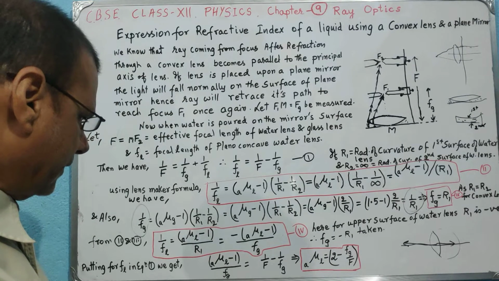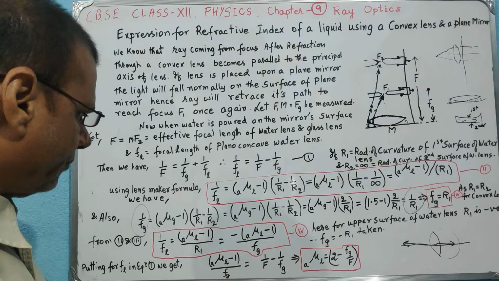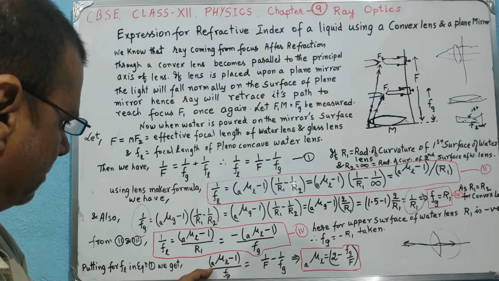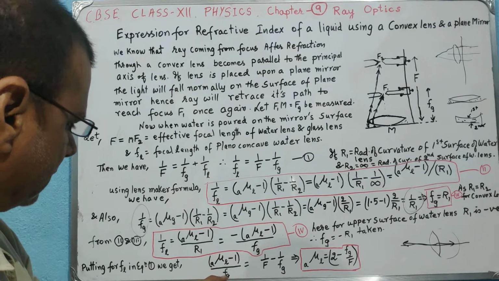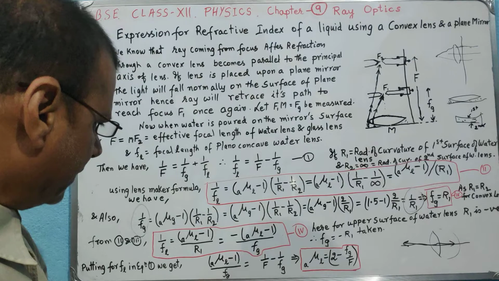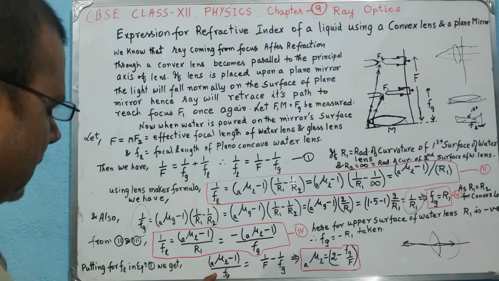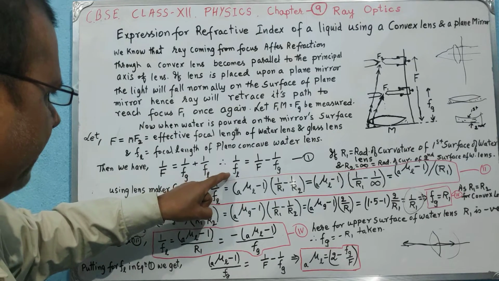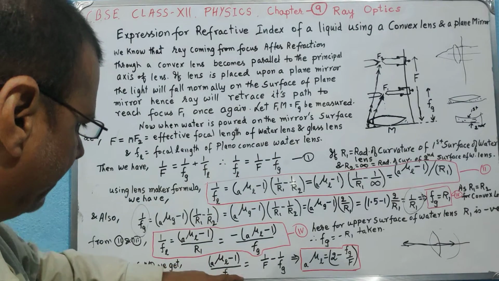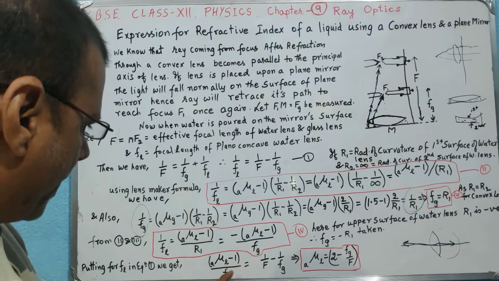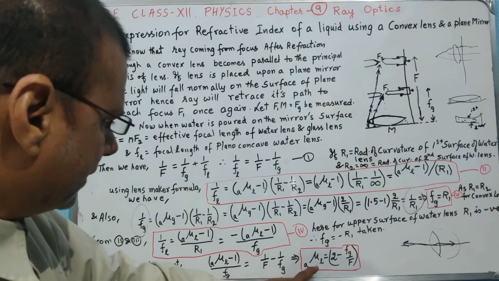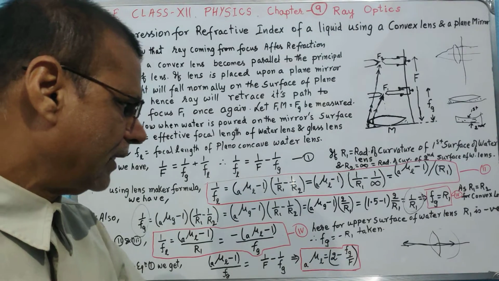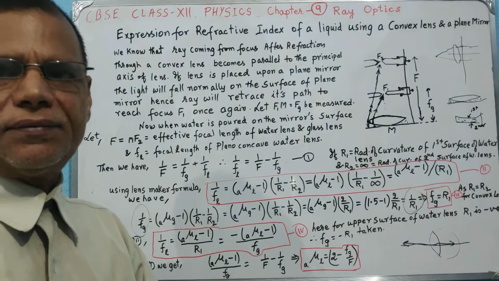So what we get is mu L minus 1 upon Fg equal to 1 by, here you are using the relation 1 by FL is equal to 1 by F minus 1 by Fg. On solving this, we get the refractive index of liquid with respect to air is equal to 2 minus Fg upon F.